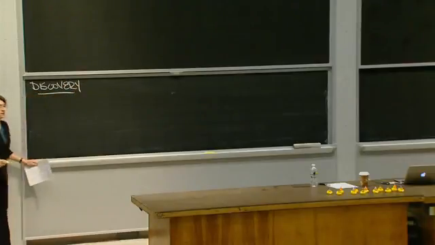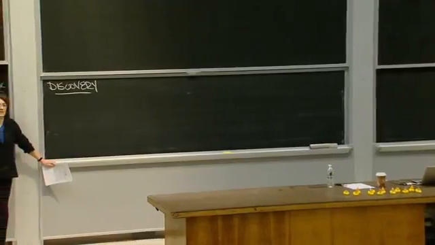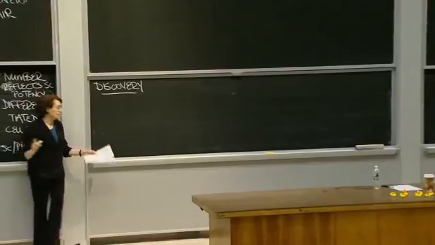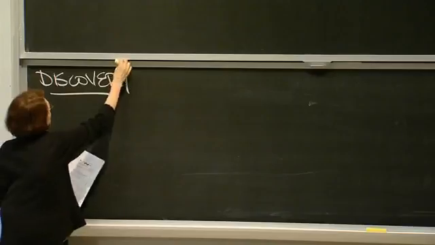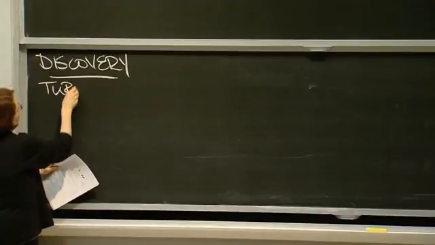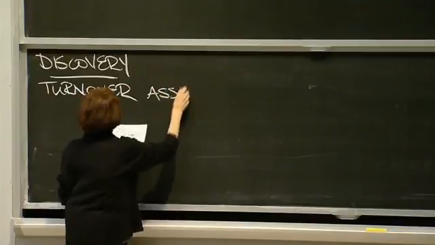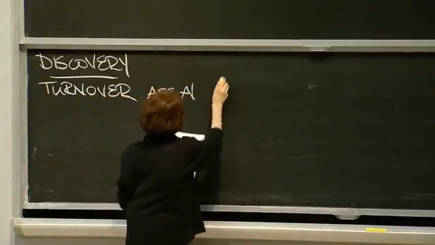And the discovery of stem cells came about because people looked to see how long cells lived. And what they found was found using a turnover assay that measures the half-life of cells.